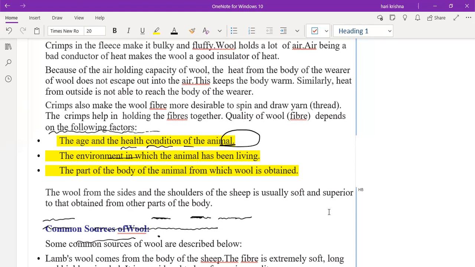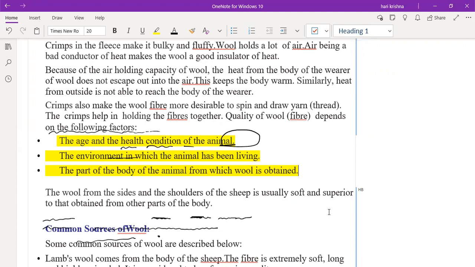If the animal is growing healthy, that means it is taking a sufficient amount of nutrients from plants. So they will have a lot of protein. Some amount of the protein is used in the preparation of wool, right? And if the animal is healthy, they don't have any disease, automatically the fleece of the animal will be good.